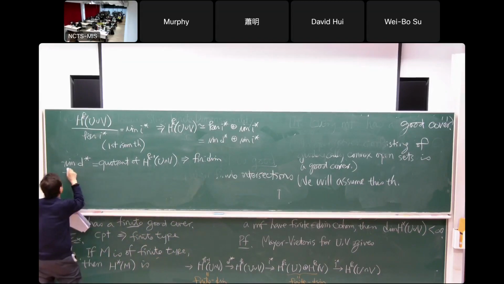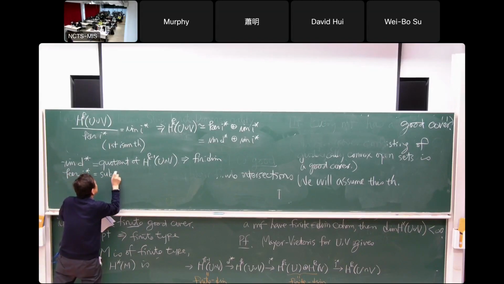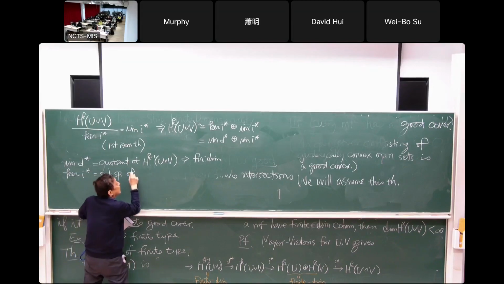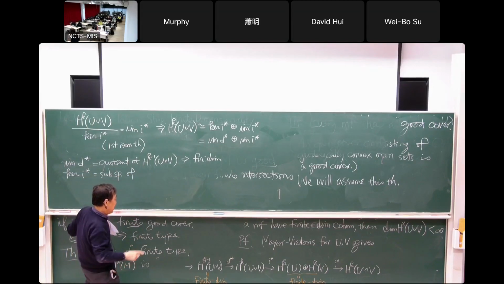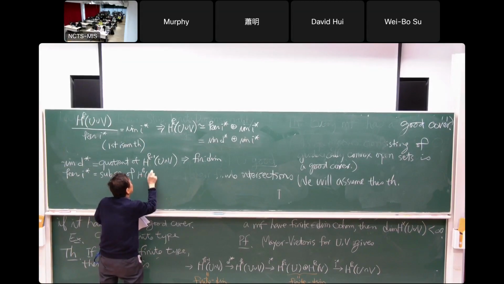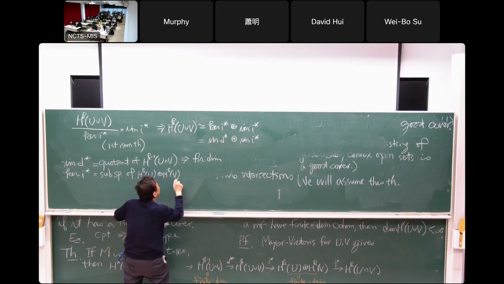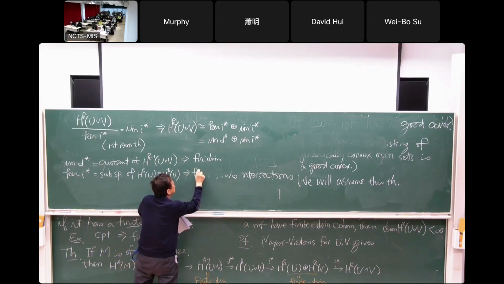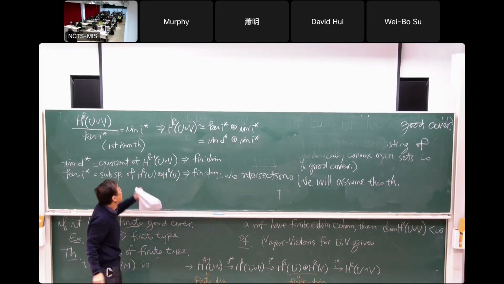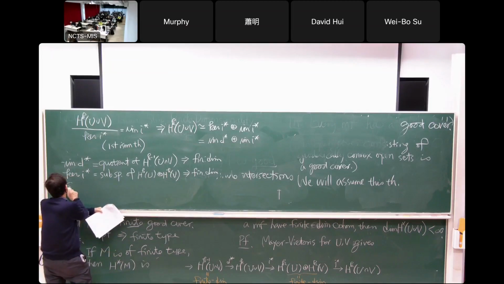And the kernel of i star is a subspace of H^k of U plus H^k of V, and so that's also finite dimensional. And so therefore the union is finite dimensional.